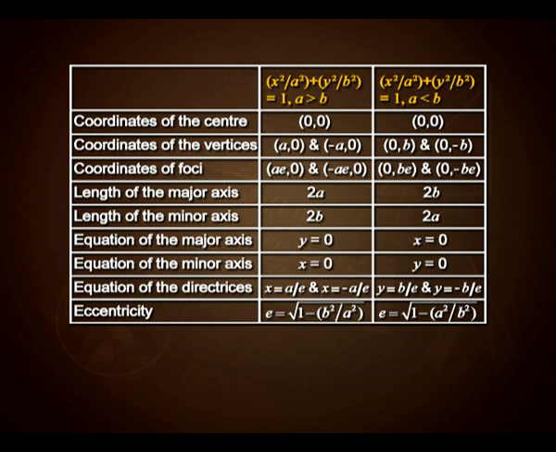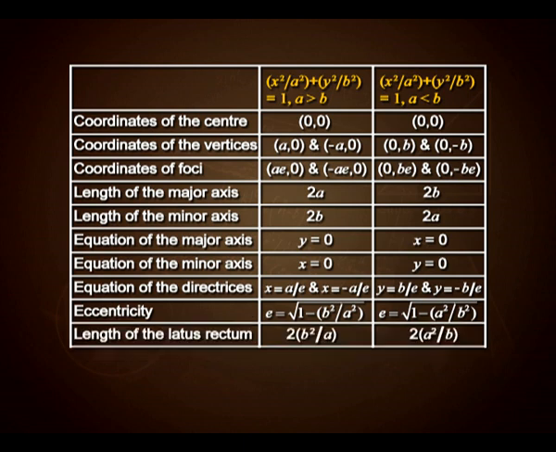In the first case, where a is greater than b, e = √(1 − b²/a²), and the eccentricity for the second case where a is less than b is e = √(1 − a²/b²). Now, length of the latus rectum.